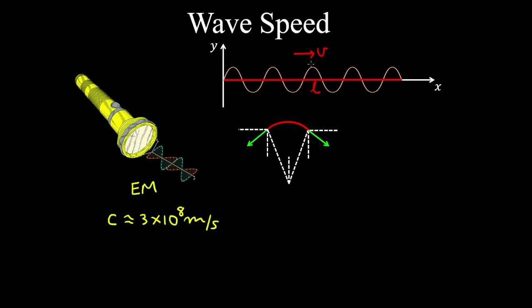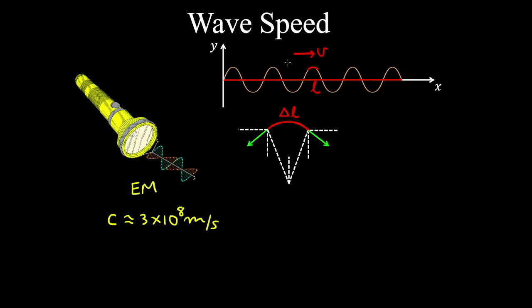Now consider our string here and the speed of the wave going through the string. And if we cut out a small part of this string and blow it up here, the length of this section of string is delta L. And we're not doing calculus here, so we'll just assume this is a very small length.